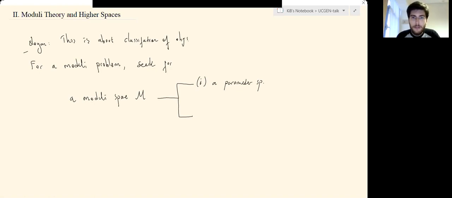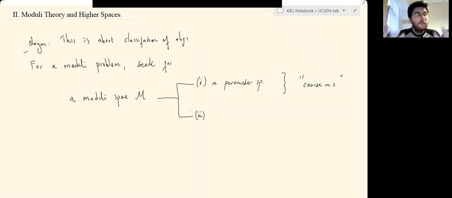If you have only this property, not the second one that I haven't mentioned yet, this is called a coarse moduli space.